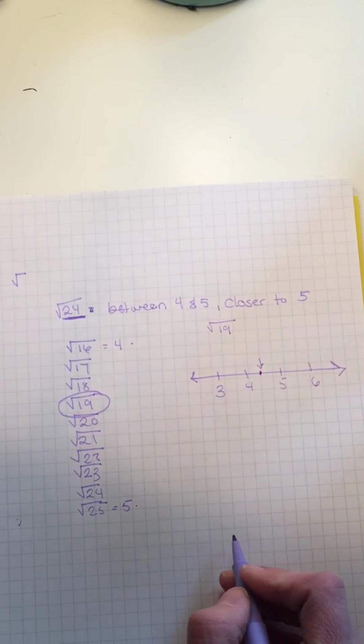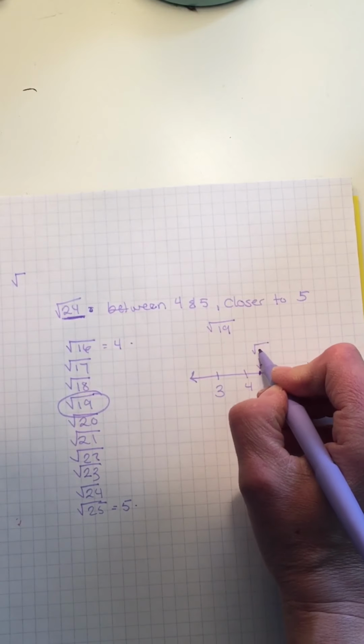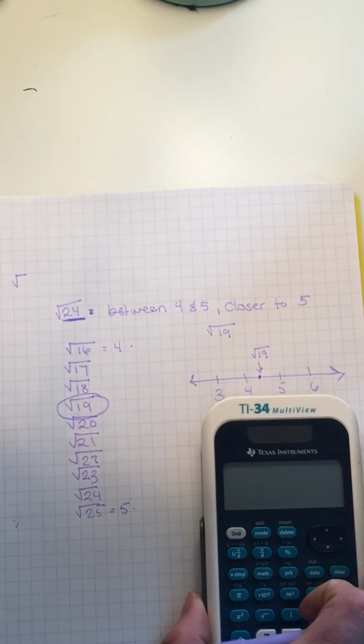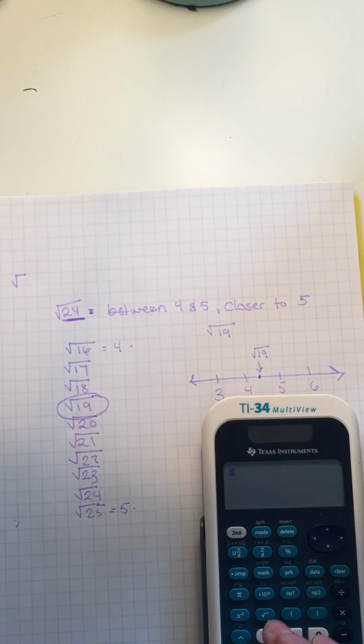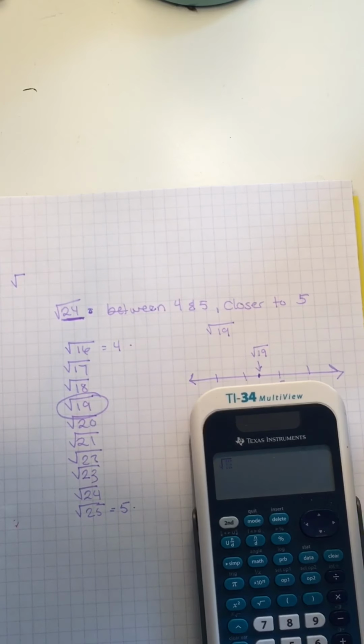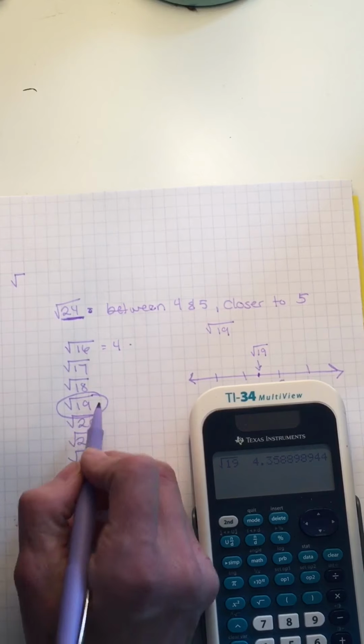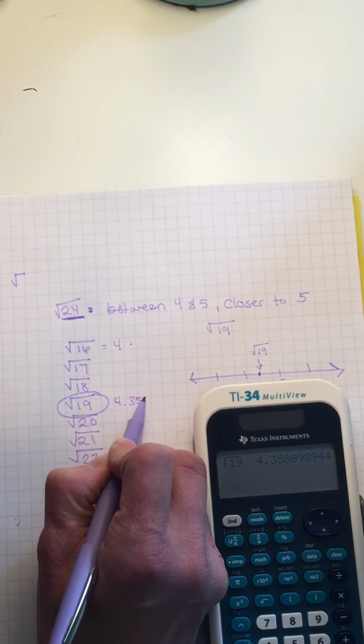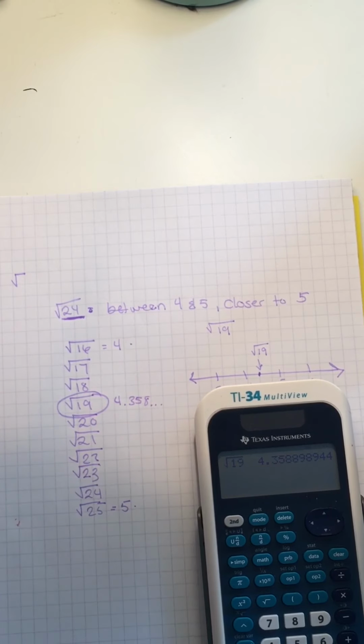So I'm going to estimate its place on the number line as being about right there. The other way to do this, because you are allowed to use calculators, is to just find the square root. The square root of 19 is 4.358, and then dot, dot, dot to show that it keeps going.